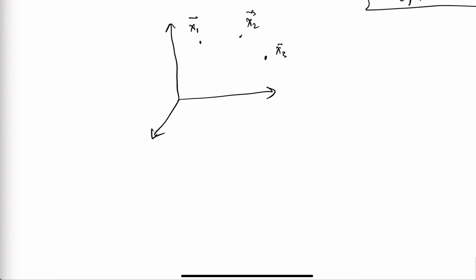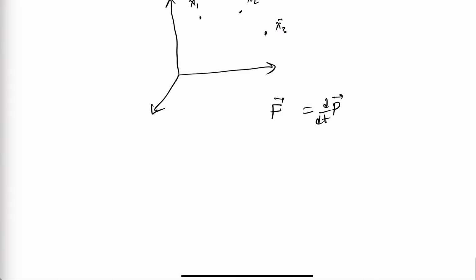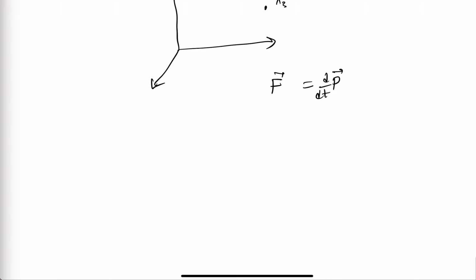So the same Newton's law, F equals ma, or F equals the rate of change of the momentum, also applies to a system of particles like this. Newton's law in that case would be written as: the force, which is the total force acting on the entire system, would be equal to the rate of change of momentum of the entire system.